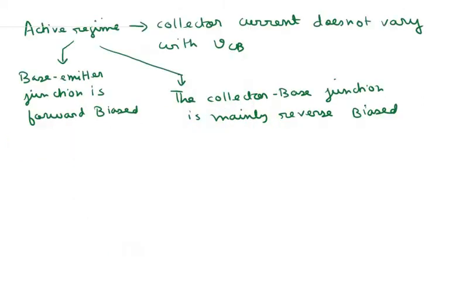Okay, so here the collector to base junction is mainly reverse biased. This is known as the active regime or the forward active regime. Okay, and then we have the saturation regime.